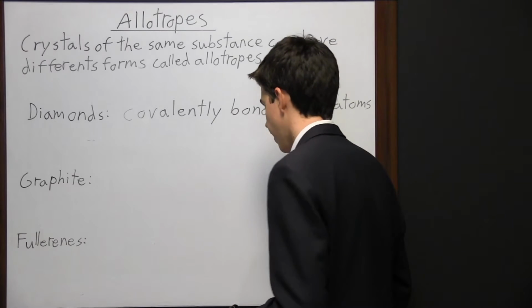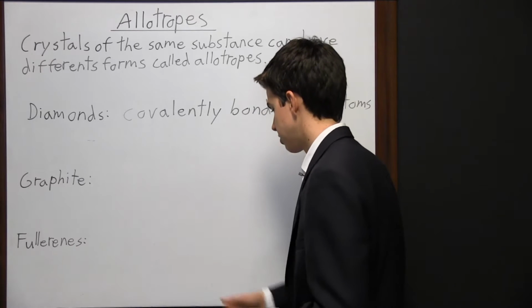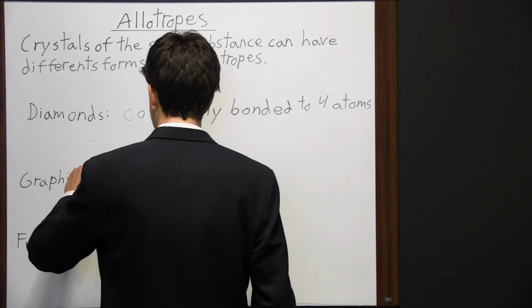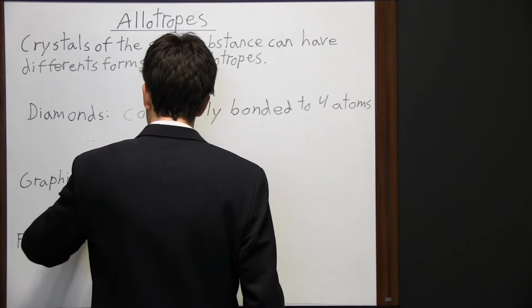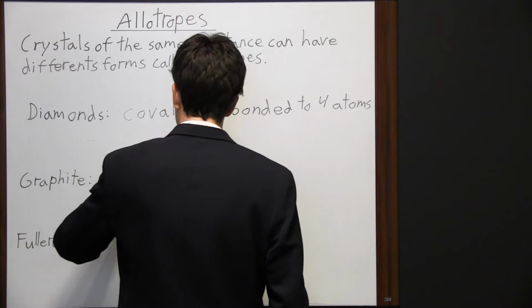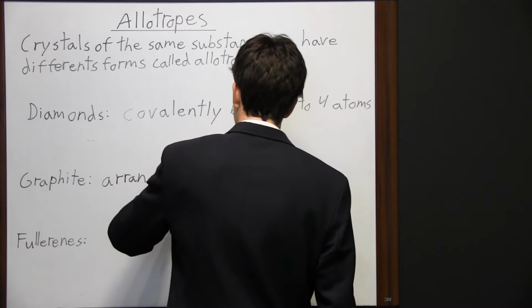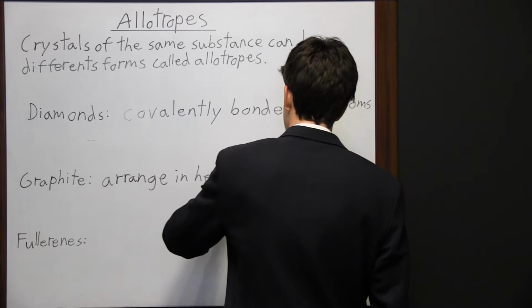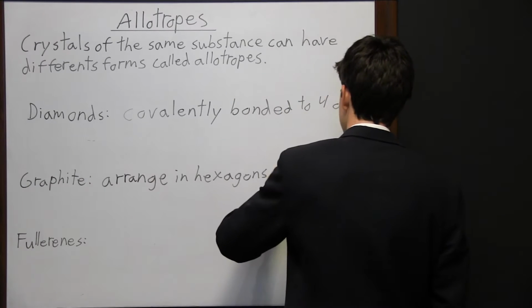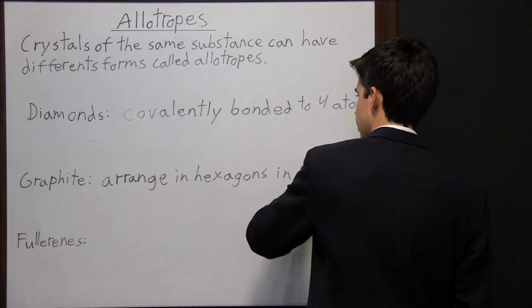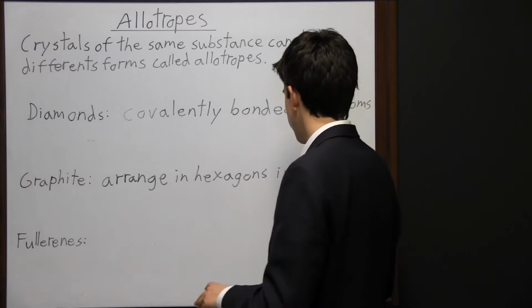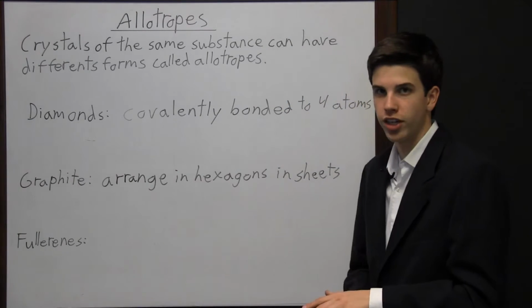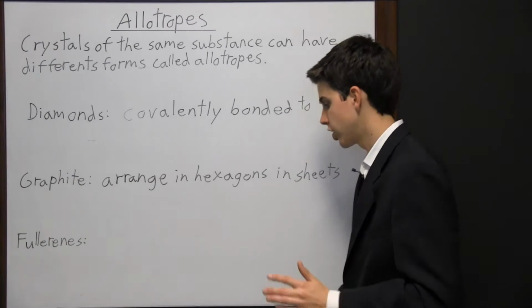Then there's also graphite, which is what pencil lead is made out of. And this is when the atoms arrange in hexagons and sheets. So these atoms are arranged in hexagons, and these hexagons are arranged in sheets that can slide back and forth on each other.